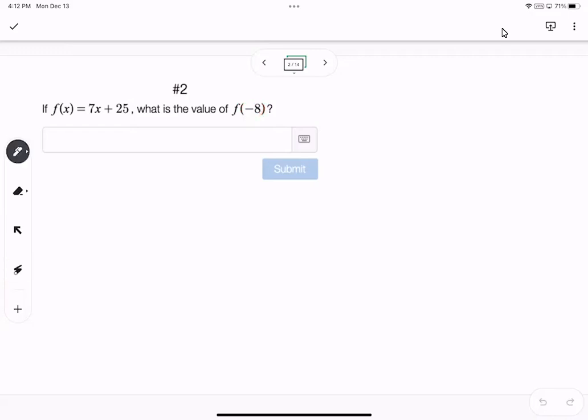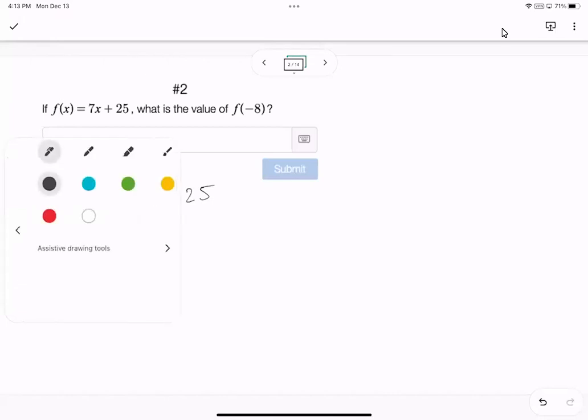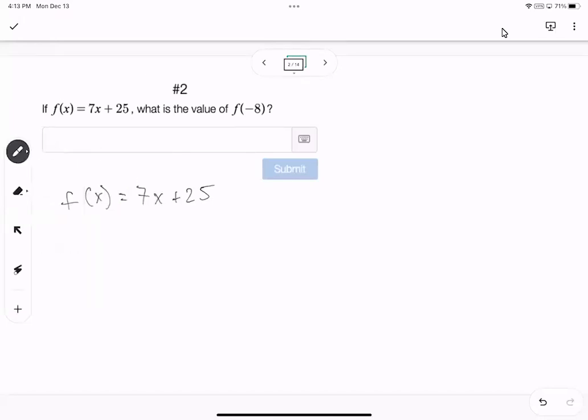So what we do is first I'll rewrite our function. The function of x is equal to 7x plus 25. Now what we want to do is plug in the function of -8. Anywhere we see an x now, we're going to plug in that value, -8.